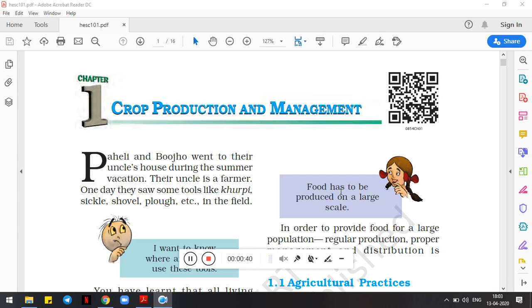You must have seen farmers using tools like khurpi, sickle, shovel, plow in the field, sowing the seeds, ploughing the field, watering the field, that is irrigation, which is very important for a farmer. Now why are they doing this? This crop is our basic need.